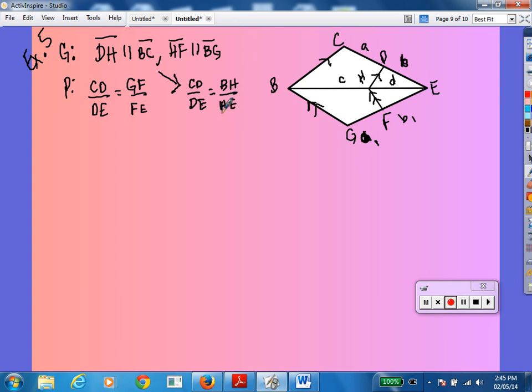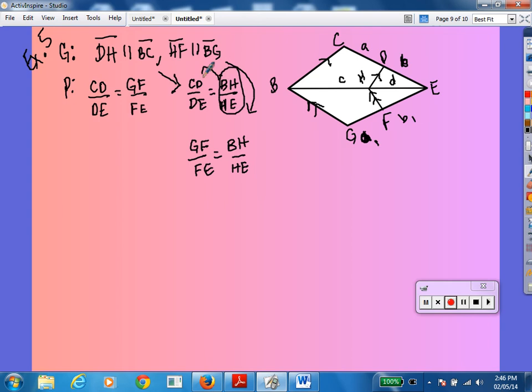We can say that. So that's that statement. And then this one here gives us the statement that GF over FE is equal to BH over HE.